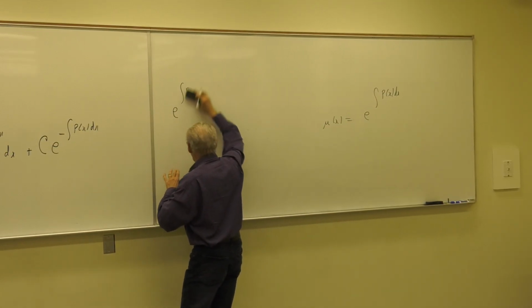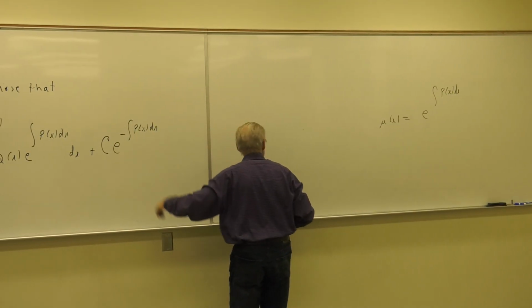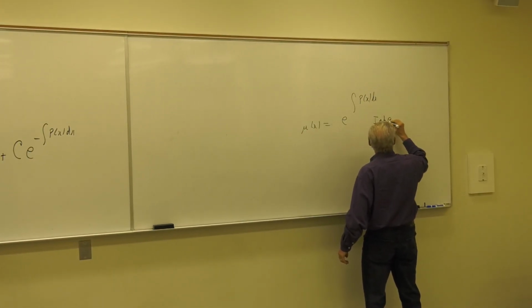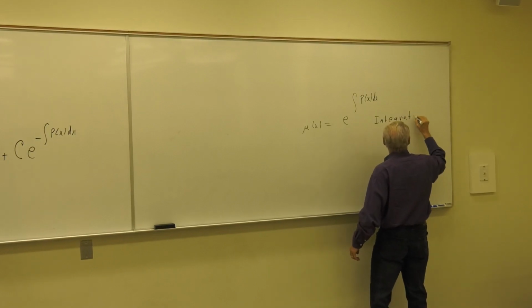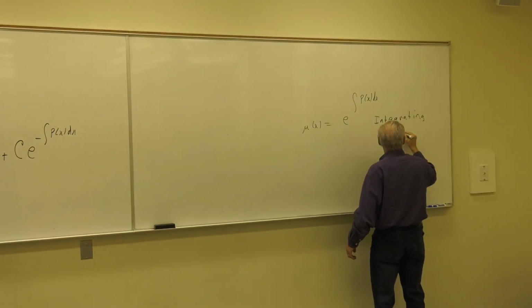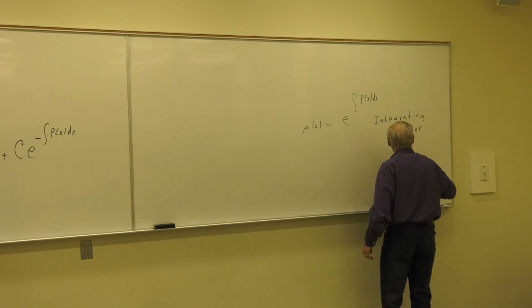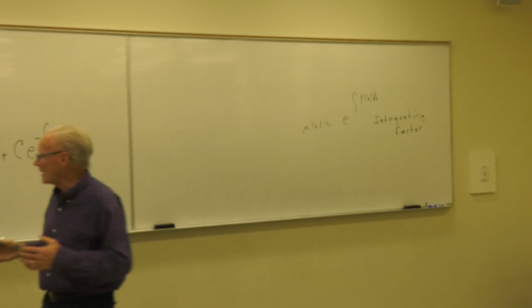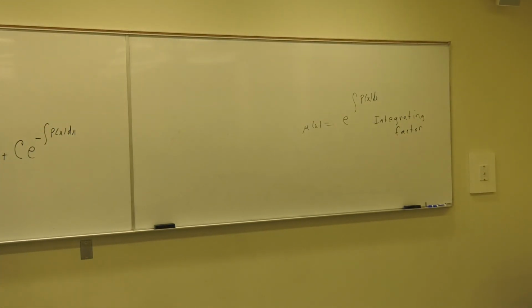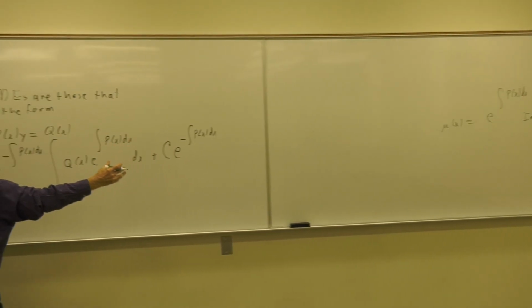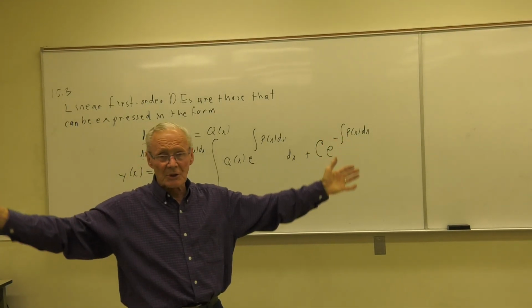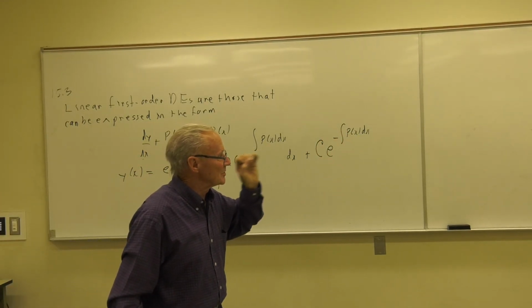That's not so hard to memorize, as opposed to this. This thing is called an integrating factor. Integrating a factor because we're multiplying by it. Integrating because if you do multiply this differential equation by that integrating factor, then the left-hand side will become a derivative of a product, and you integrate and you solve. That, to me, is what you should remember.